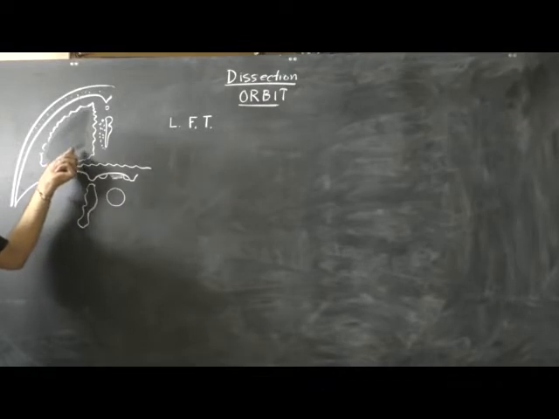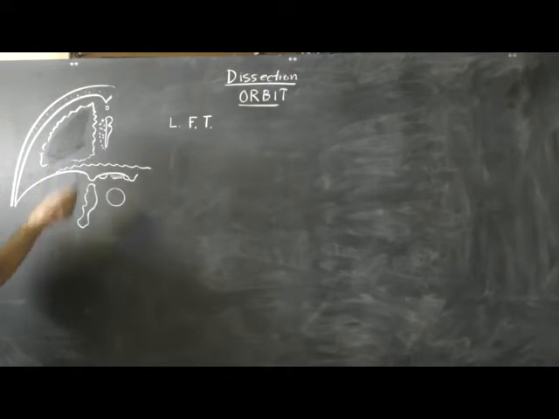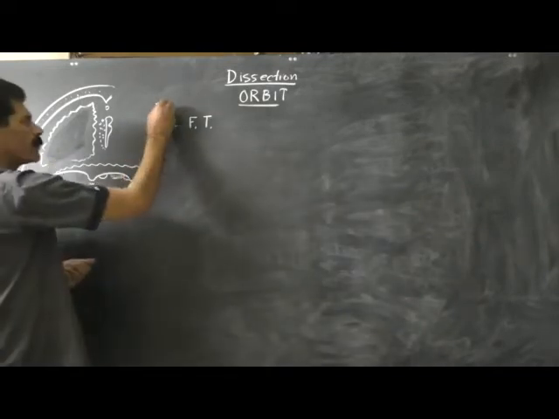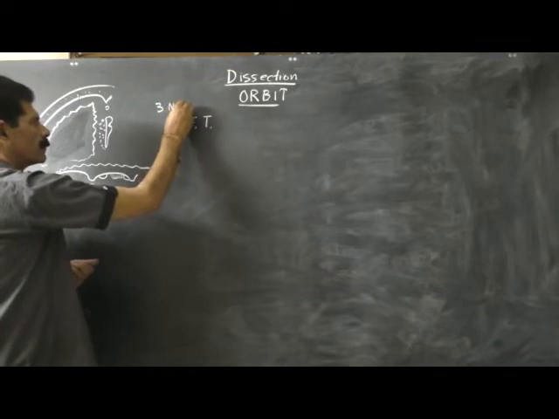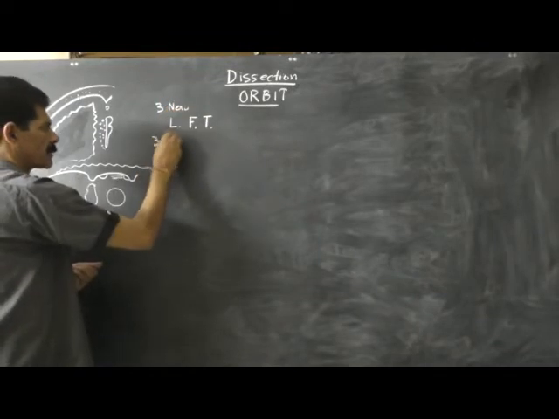Below the periorbital fat, when we remove the roof of the orbit, we see three nerves and three muscles.